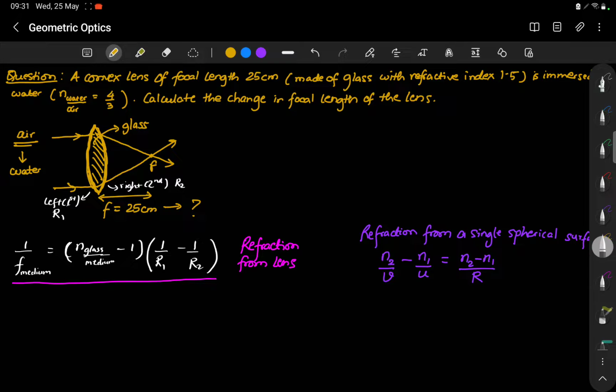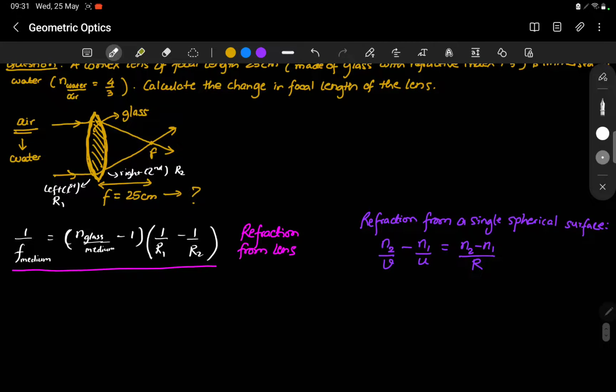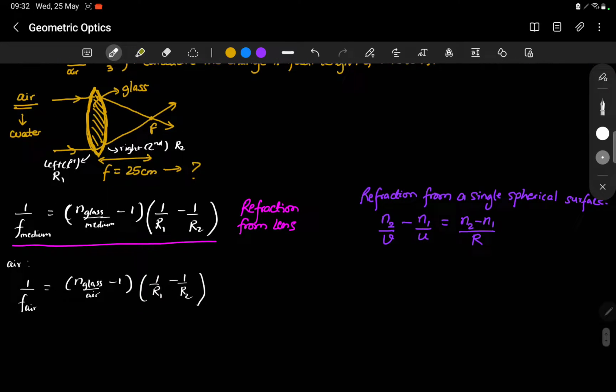So now we have this formula. We will apply this formula to solve our question. First, for the case of the medium being air, we have as follows. Then if we write for water, we have as follows.